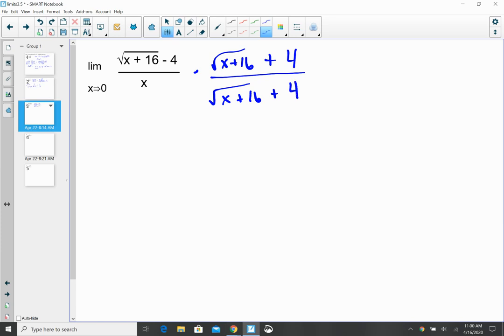All right, let's see here. I'll work down here. So the radical x plus 16 times itself is just x plus 16. The minus 4 plus the 4 makes minus 16. And down below there's that x. Then you have that conjugate there.